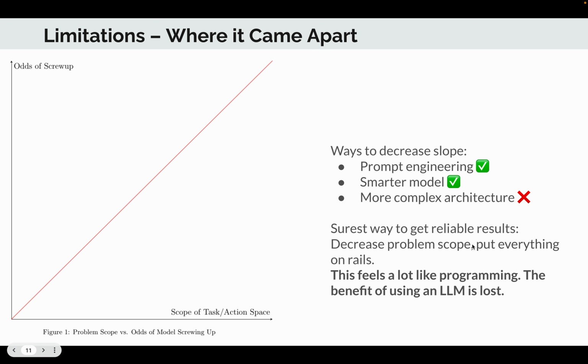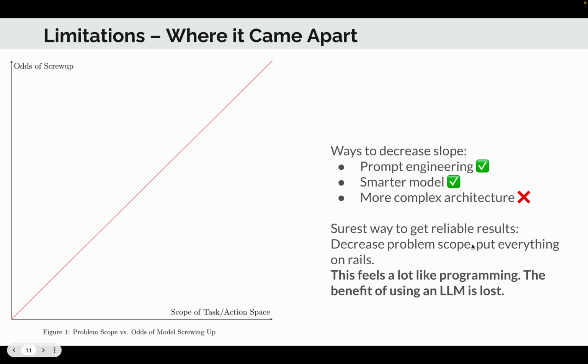We did prompt engineering, which is where you carefully write the LLM prompts in order to give it the best chance and to have it understand the task as well as possible. And we also migrated to a smarter model. We found that the open source models were simply not capable of doing what we wanted, and indeed, that GPT-4 was not as smart as we thought coming in and was not really capable of everything we wanted it to do.